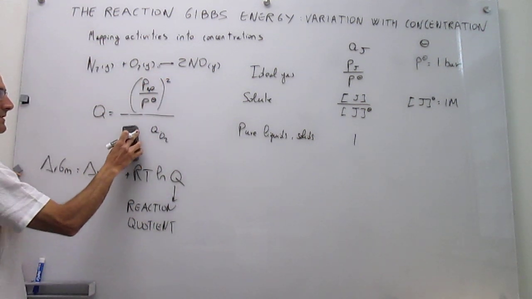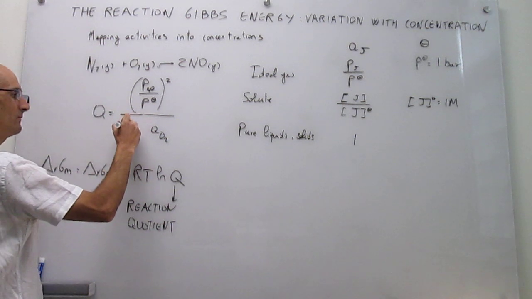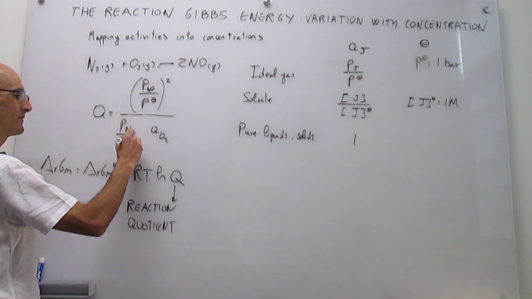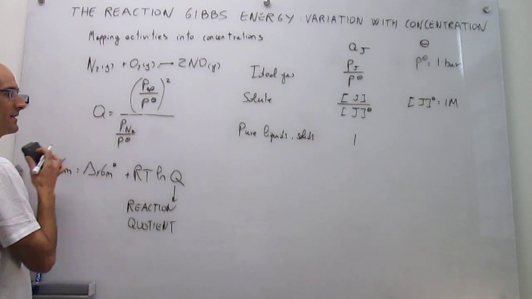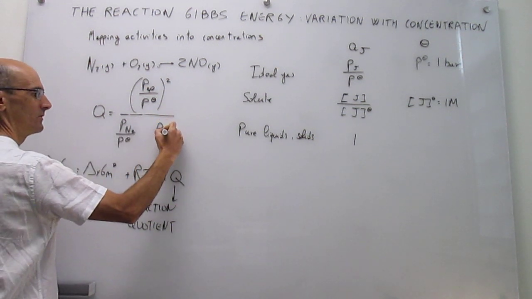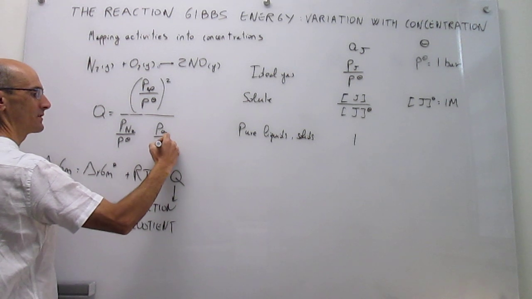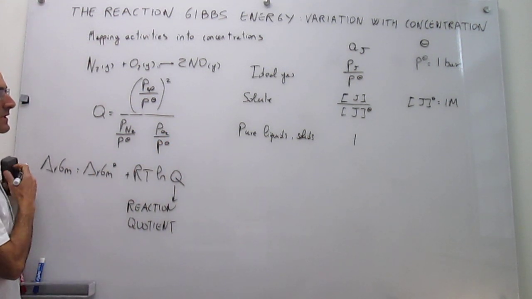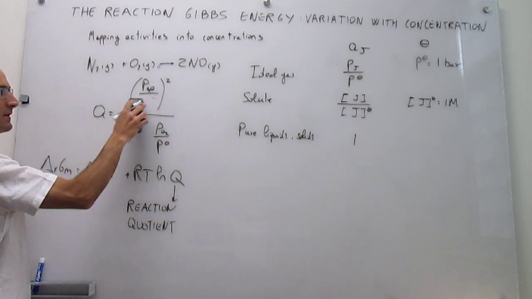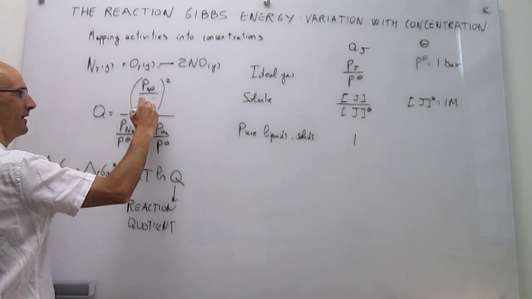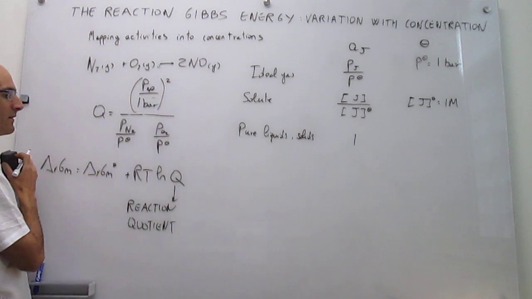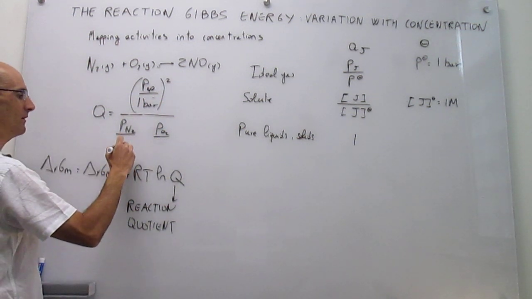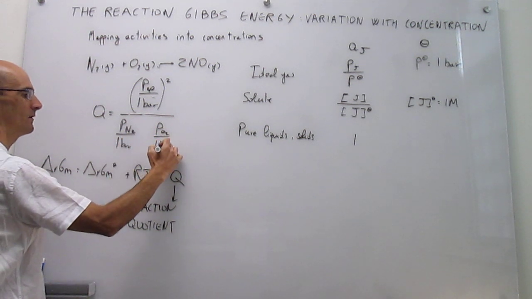And this is the partial pressure of N2 over the partial pressure of the standard state, and the partial pressure of O2 over the partial pressure of the standard state. But of course, the partial pressure of the standard state is just 1 bar, so we can write 1 bar everywhere.